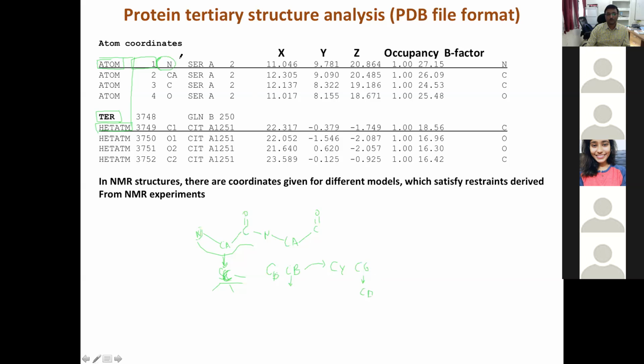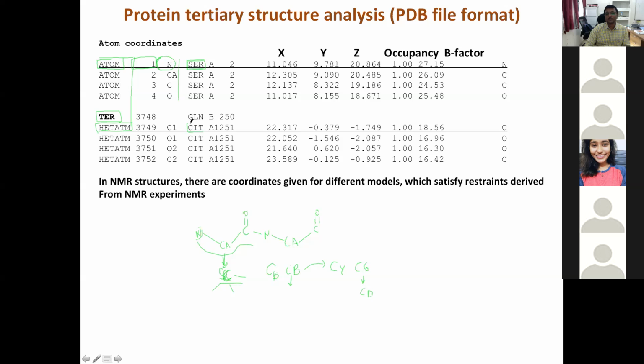This information is present in the next 4 columns, and then you have information about the amino acid, which is a typical 3-letter code. In this case, this is SER, serine.